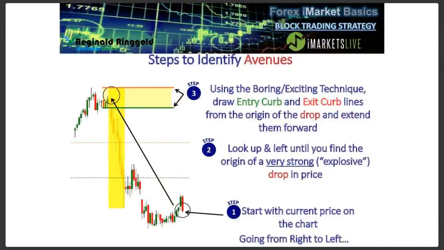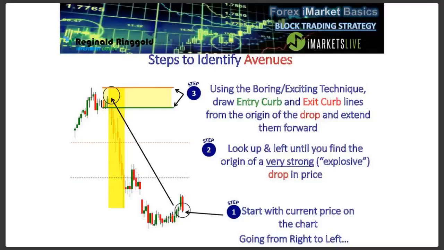Now, once we identify current price, using the boring exciting candle technique, starting with current price, we move up from the right to the left, going all the way to the explosive move. And once we talk about those traffic jam candles, the boring candles, the small doji candles, those indecision candles, these are the ones that we typically look for, the congestion in that base.